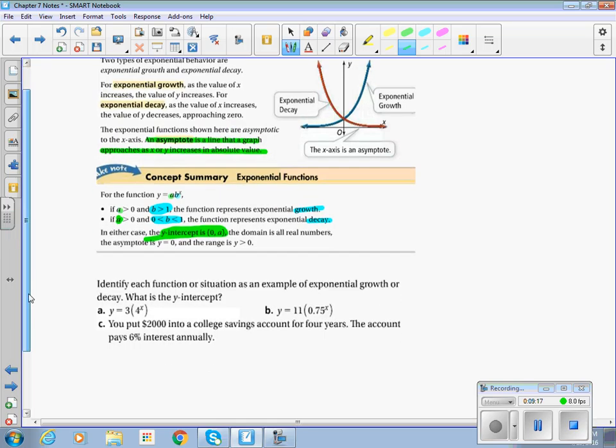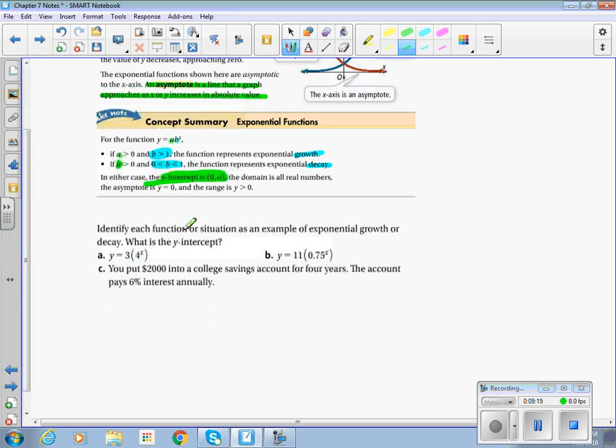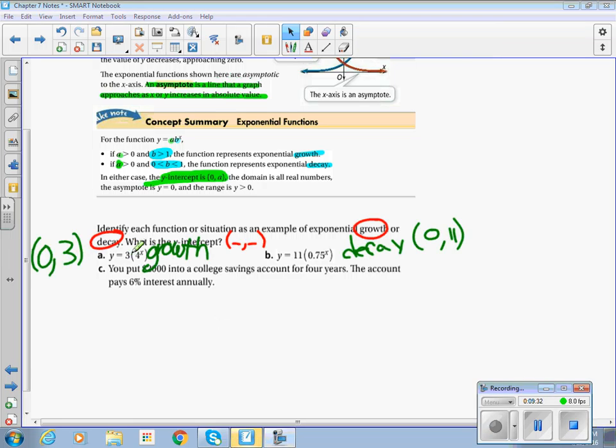All right, so now we're just going to look at these scenarios and determine if it's exponential growth or decay and what the y-intercept is. For this first one, a is 3 and b is 4. Because b is greater than 1, it is a growth.